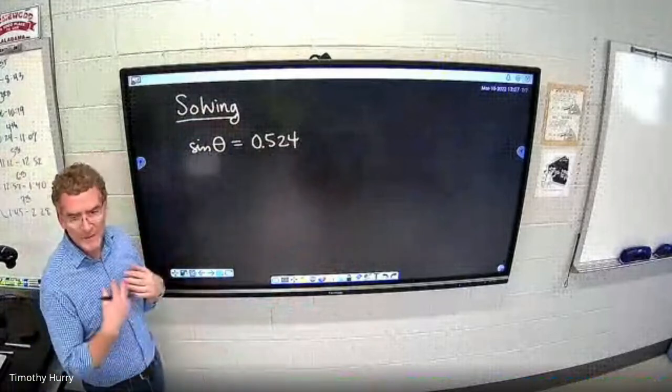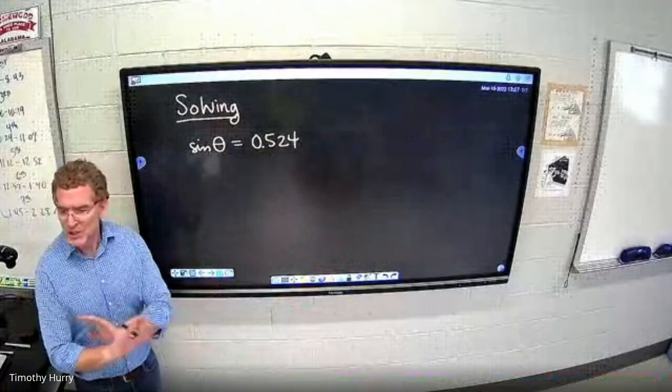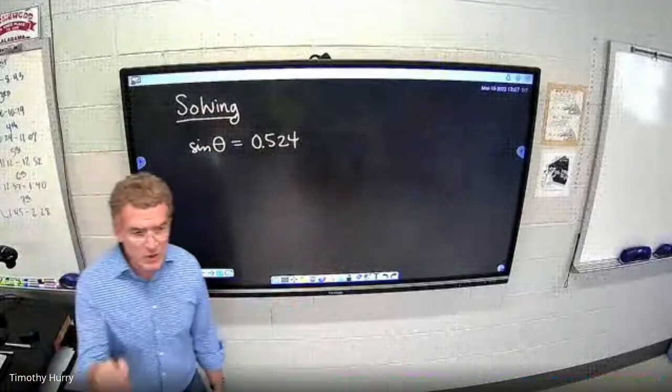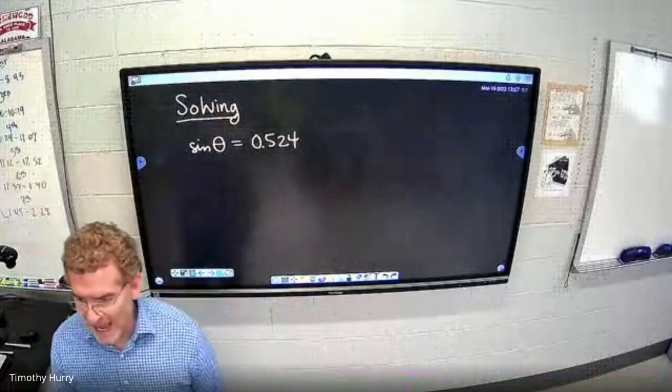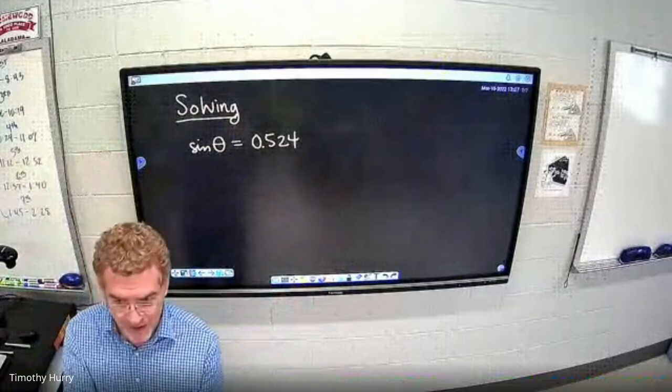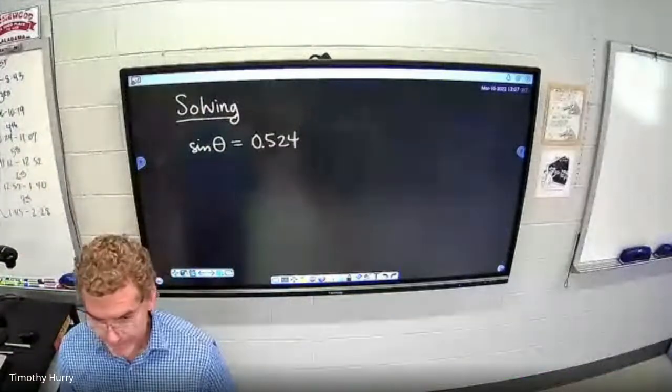So here's how I'm going to solve. Now, this first step, you don't need to write, but I wanted to show you the thinking of it. Do you know that when I have a function, if I take the inverse function of it, they cancel?